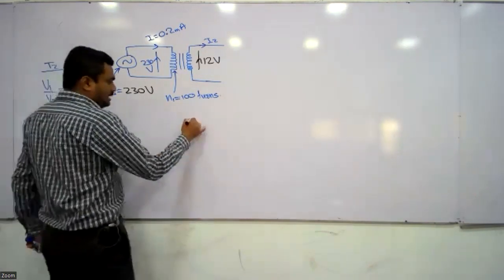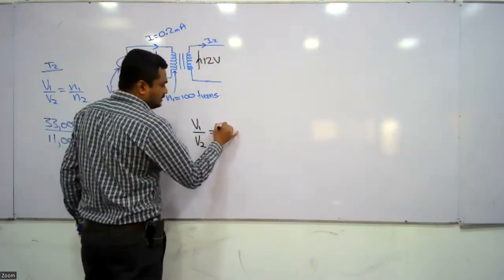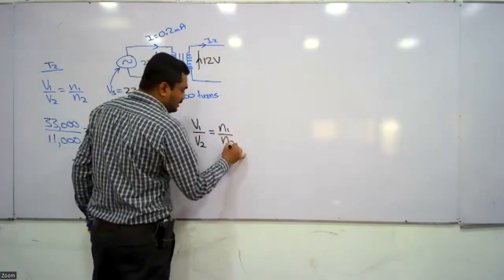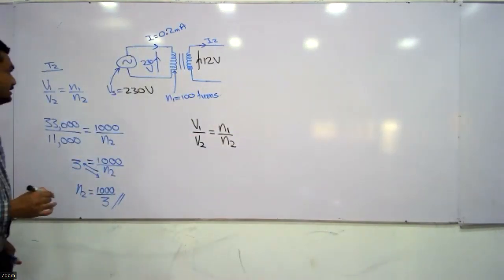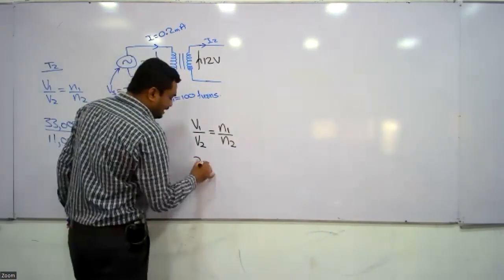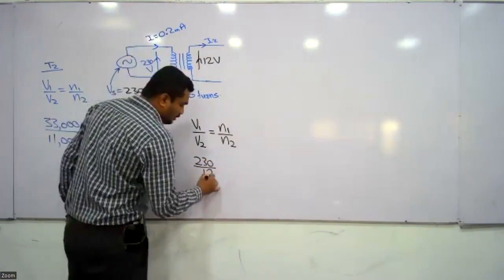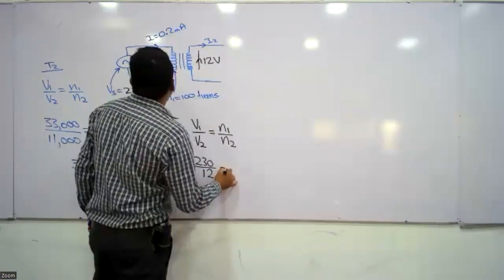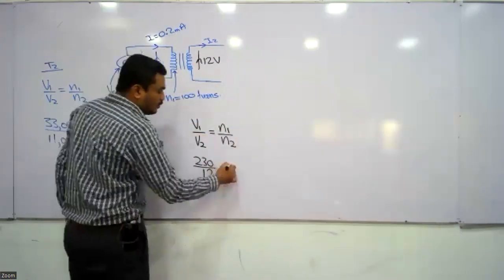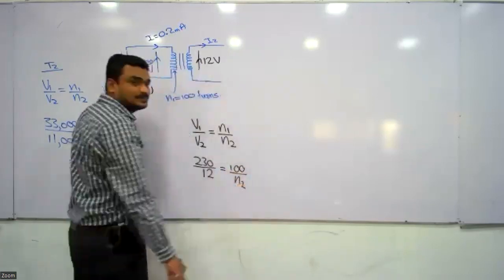So let's apply it. V1 is 230, V2 is 12 volt, N1 is 100, N2 is unknown.